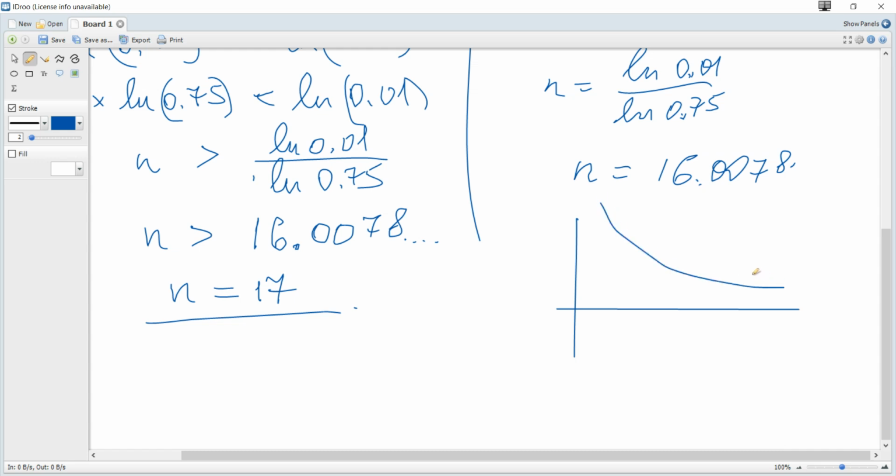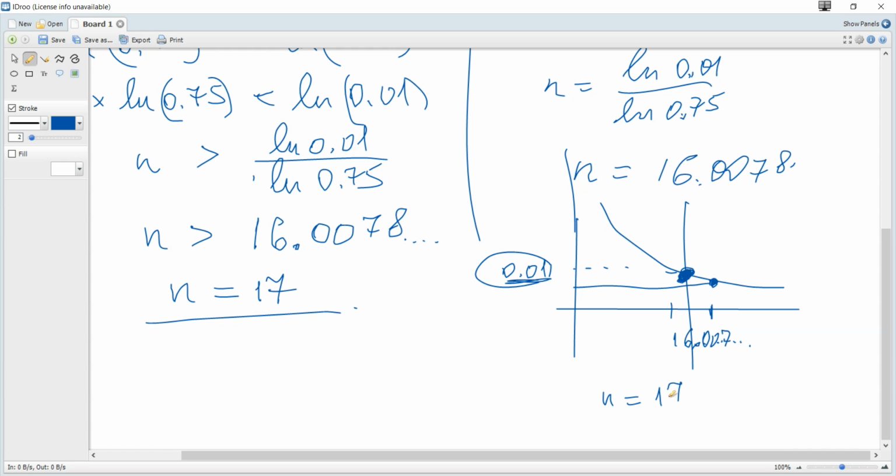The value when it is equal to 0.01 is 16 point something, but n should be an integer, and we need the value of the function to be less than, below this point, so we round up to 17.